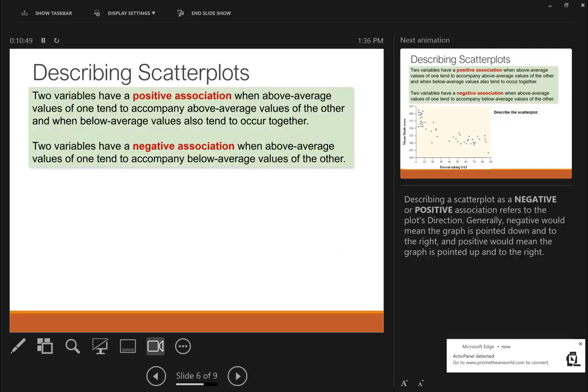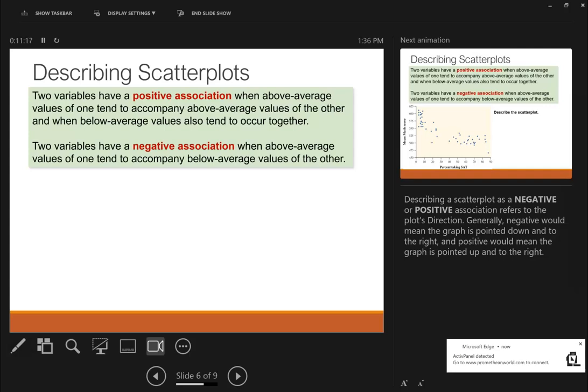Okay. So let's talk about direction. You can answer your direction in one of two ways. You can say that the scatter plot or the data set has a positive association, or that it has a negative association. Those are your only two answers. Or you could possibly say roughly no association.